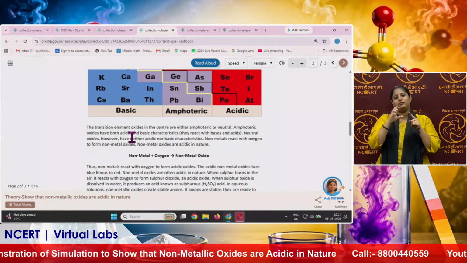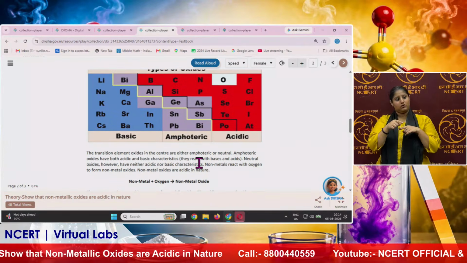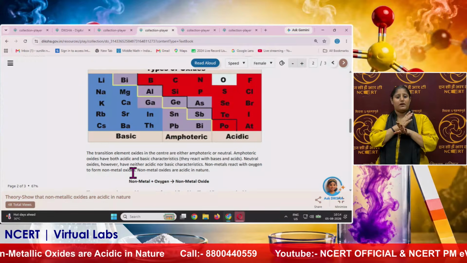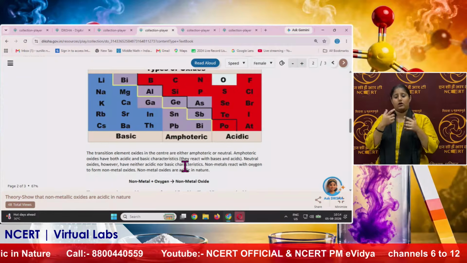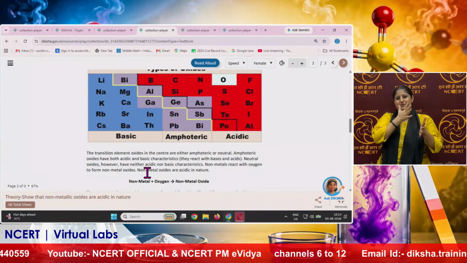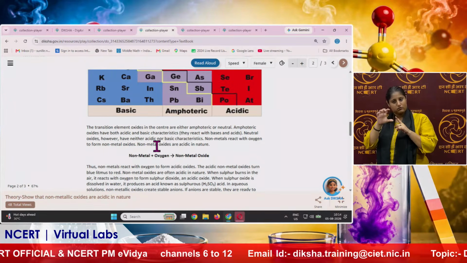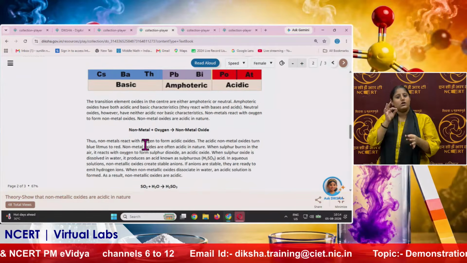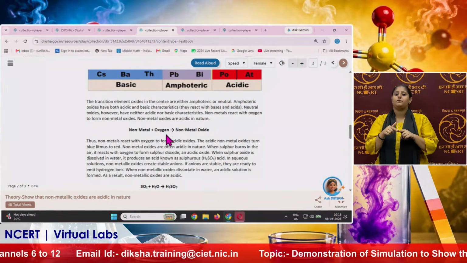The transition element oxides in the center are either amphoteric or neutral. As I already mentioned, amphoteric oxides react with both acids as well as bases, and neutral oxides are those which react with neither acids nor bases.